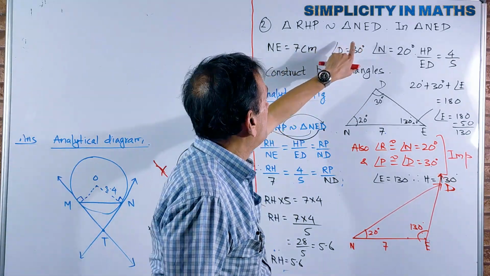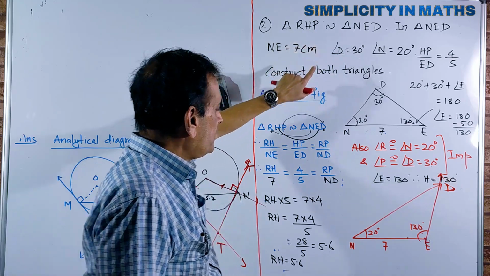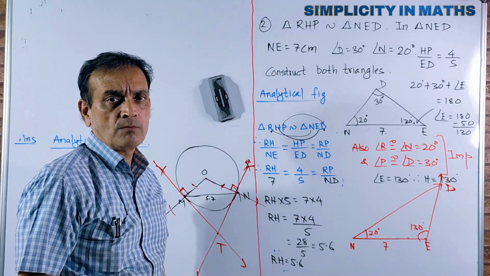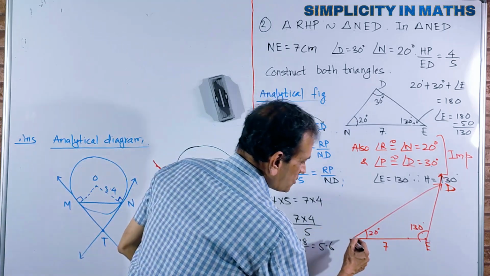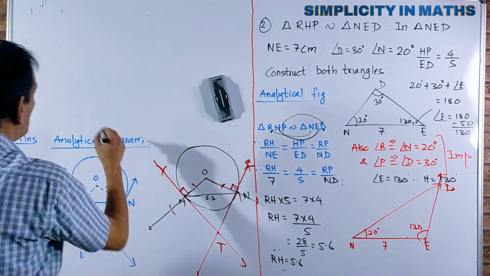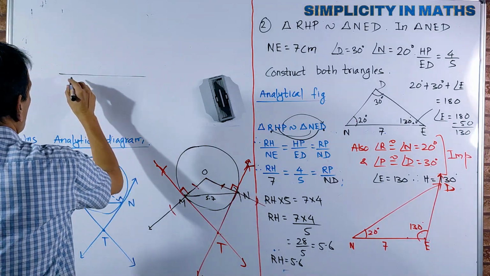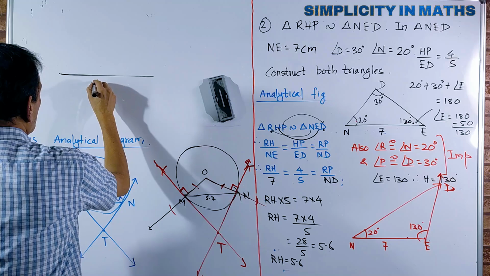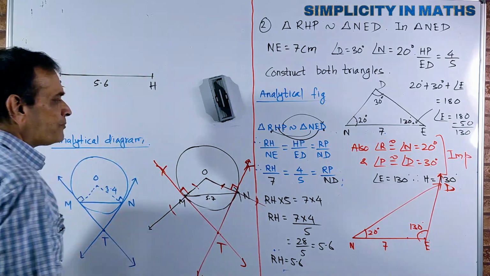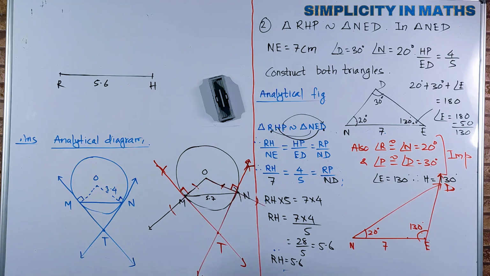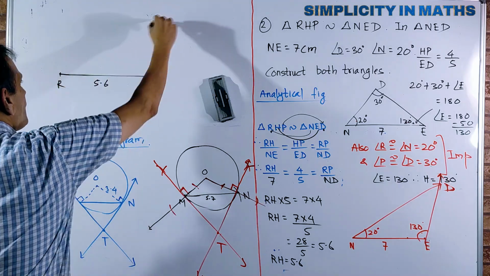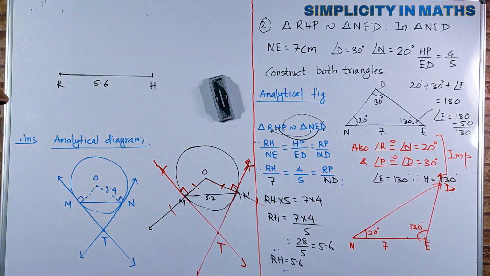NED is over. Now RHP, पहला क्या मिला है हमको? We got RH as 5.6. So इसको जैसा बेस लिया है NE, we'll take the base as RH now. अभी क्या करना है? We just have to draw angle R and angle H and get the answer.